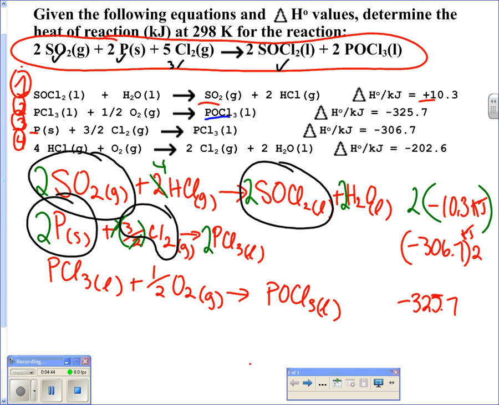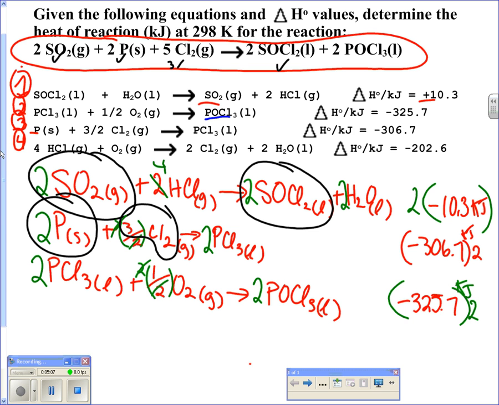But I need 2 of them, so I'm going to multiply all of these by 2, and again, kilojoules.